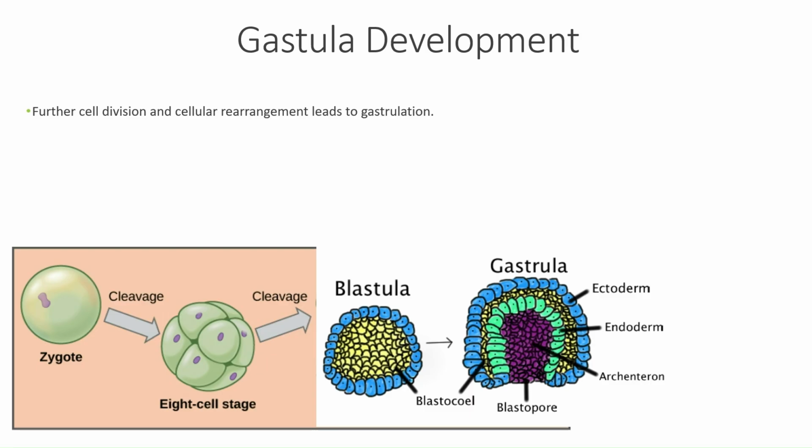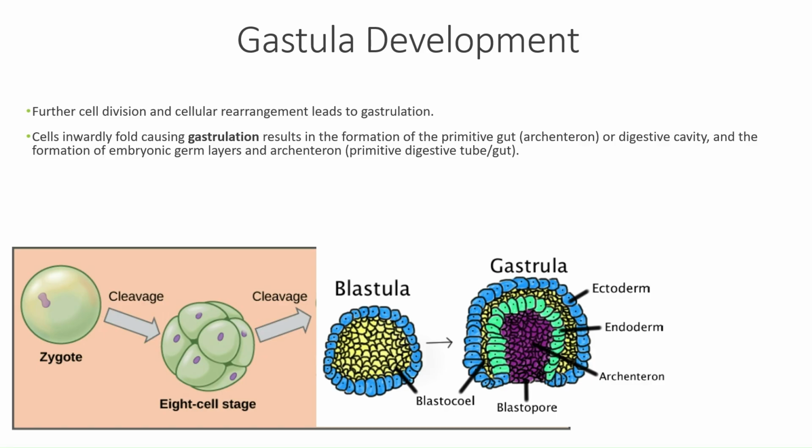Okay, so the cells of the blastula continue dividing, and the cells rearrange in the process of gastrulation. Cells of the blastula fold inward in gastrulation. If you look at the conversion of the blastula to the gastrula here, you'll note a digestive cavity forming on the inside. Gastrulation is what it kind of sounds like, the formation of a primitive gut. And this is called the archenteron, which is essentially a digestive cavity.